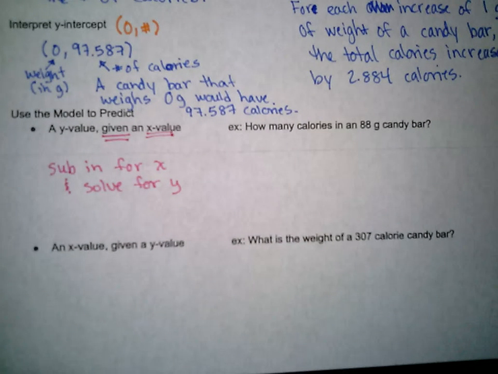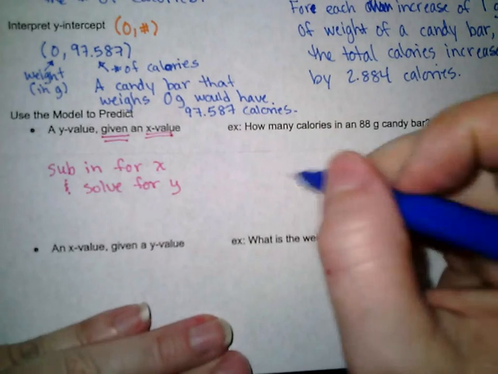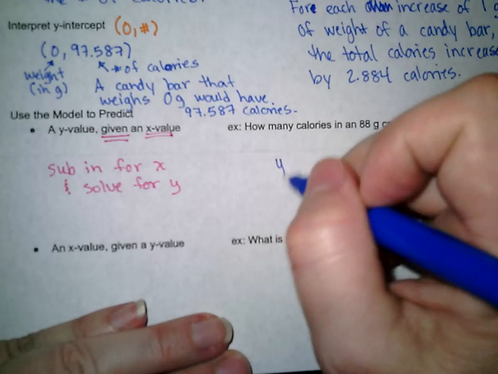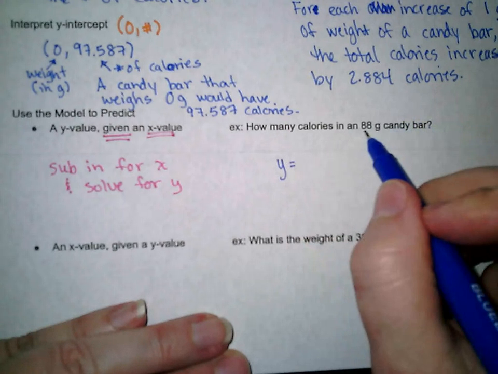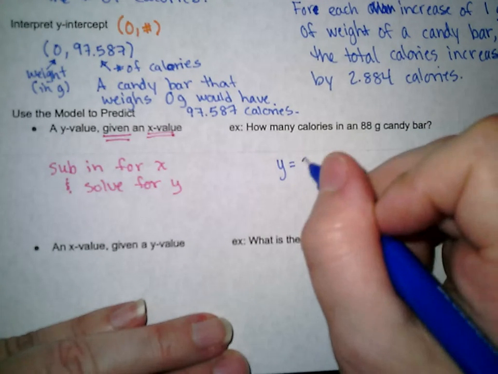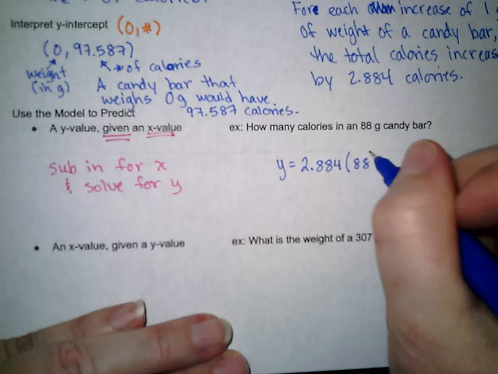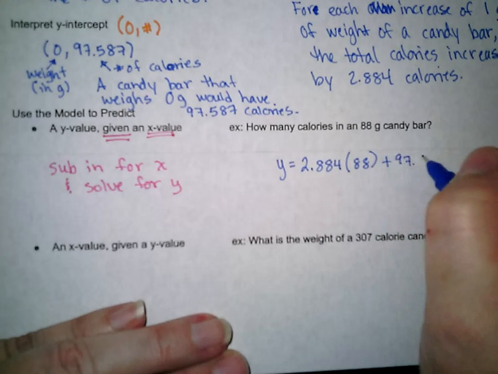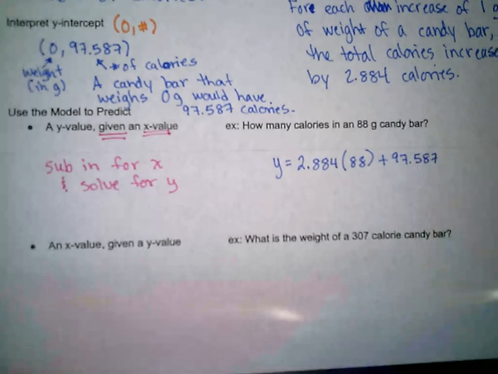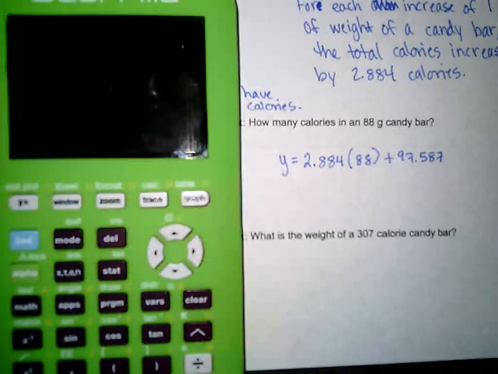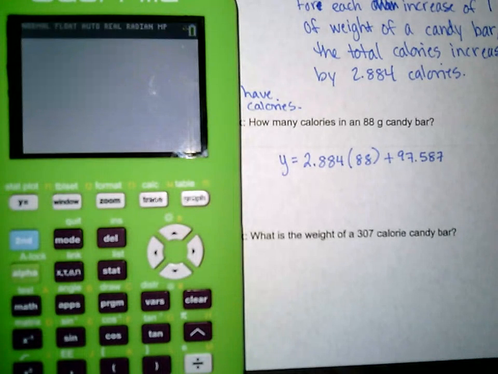We could do this on our calculator, but it's just as easy to do algebraically. So in our problem, if we had an 88 gram candy bar we would just plug 88 in for x, and then work through on our calculator.